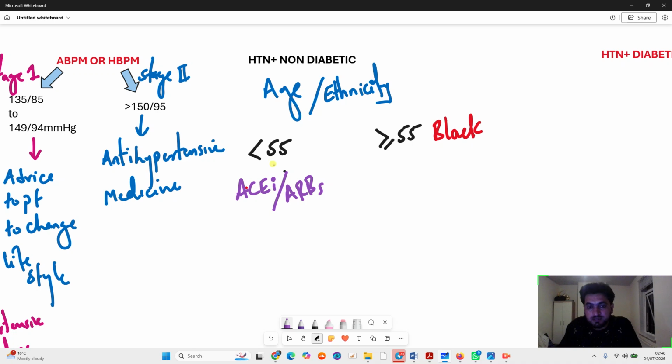If we prescribe ACE or ARBs and the blood pressure is not controlled, we can add another medicine to one of them: a calcium channel blocker or a thiazide.